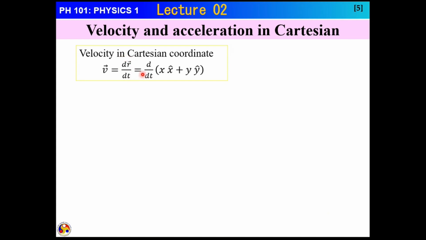Then we can write this as differentiation, d by dt, of the position vector written in terms of the two orthogonal coordinates x and y, like x x cap plus y y cap.